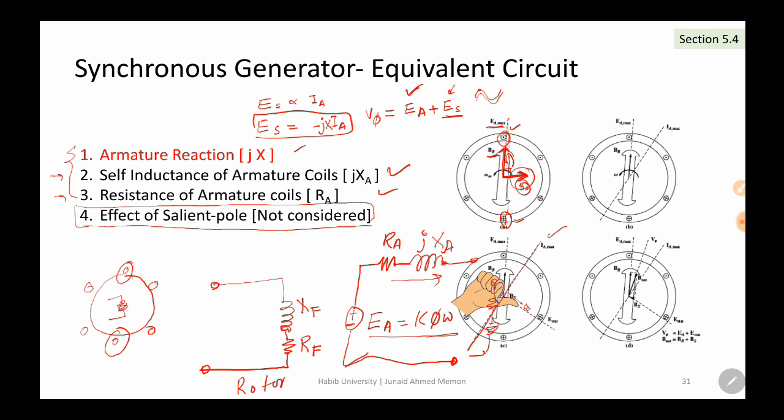So in that case, you still have the component which is the minus jX_A component. So that is being modeled by the armature reaction. Let's summarize all this discussion.